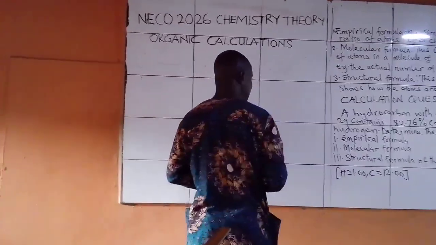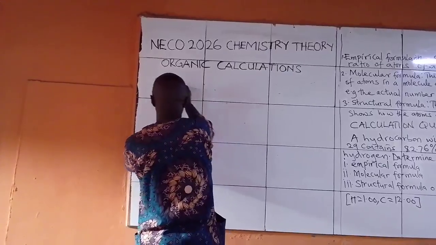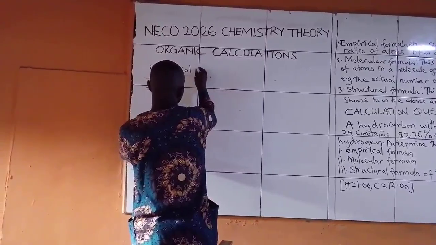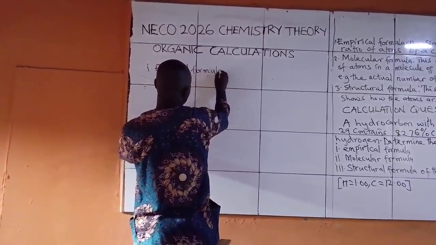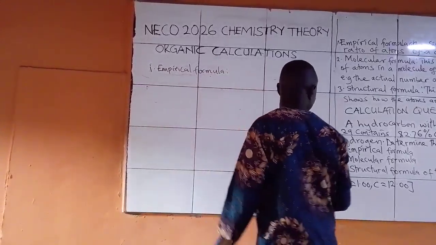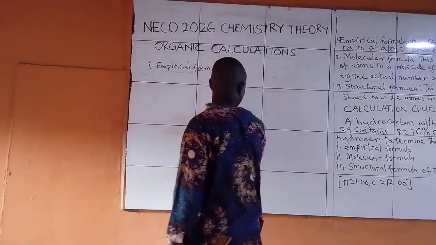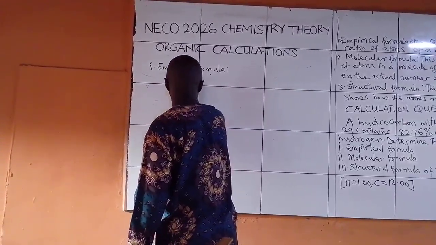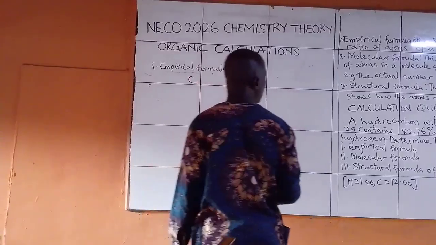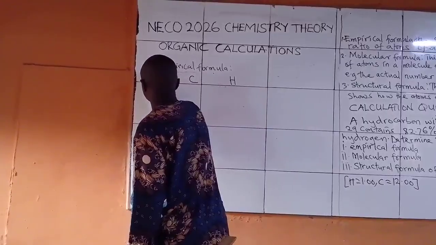Now for the solution, we must go one, which is on empirical formula. What are the component elements here? The component elements are carbon and hydrogen. So, percentage by mass, that's percentage composition.